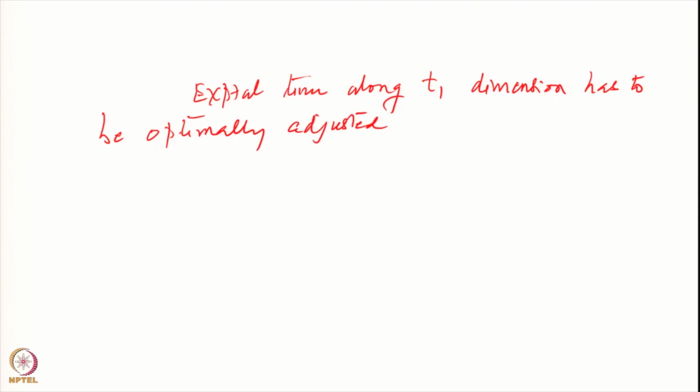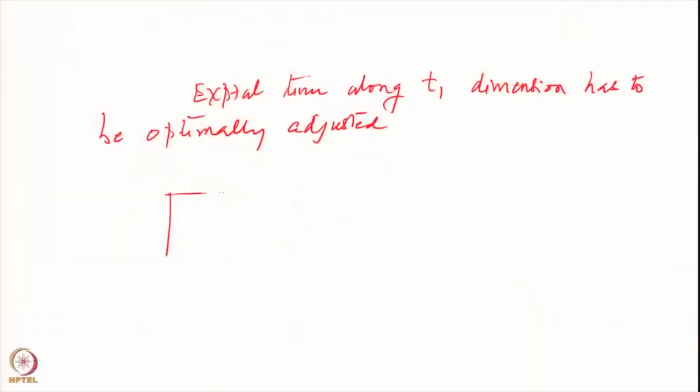Now, why is the resolution important in the case of the F1 dimension? We have seen that in the COSY and the double quantum filtered COSY, let us say I have a cross peak like this. This is the cross peak.